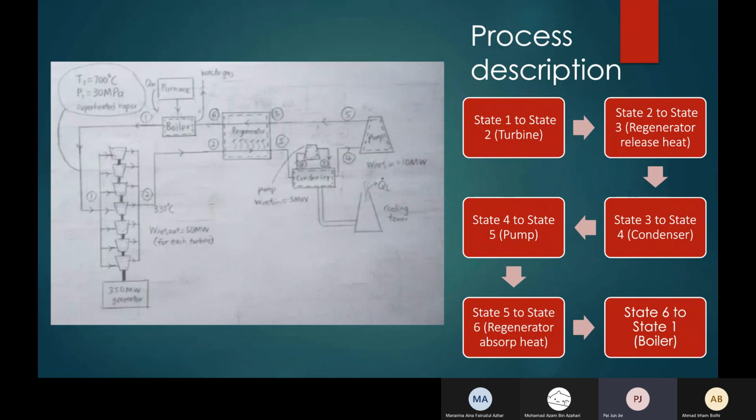From state 5 to state 6, the regenerator absorbs heat before flowing to the boiler. From state 6 to state 1, the water absorbs heat from the coal to boil before going to the turbine. The process ends from state 1 to state 6.